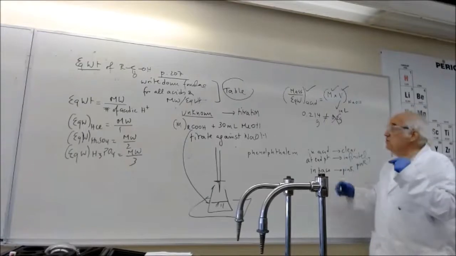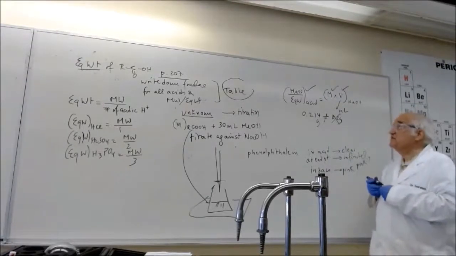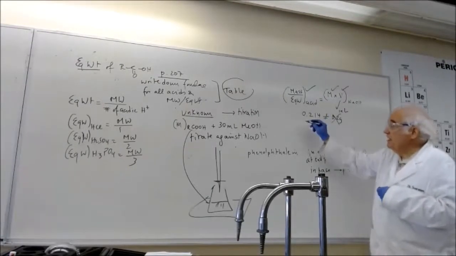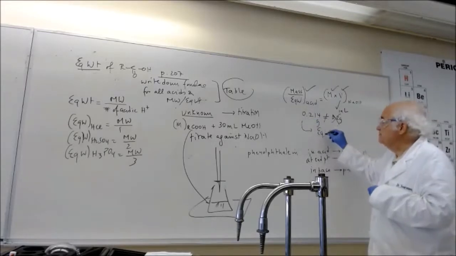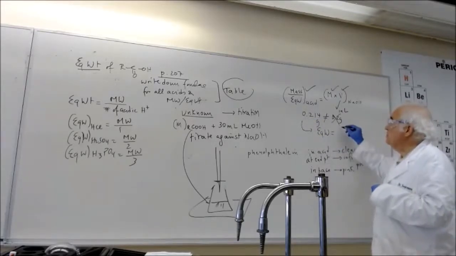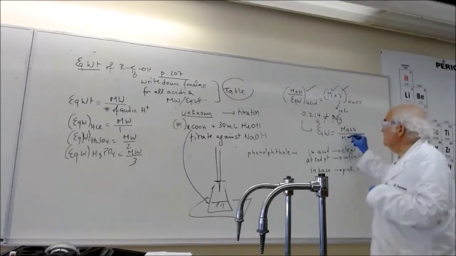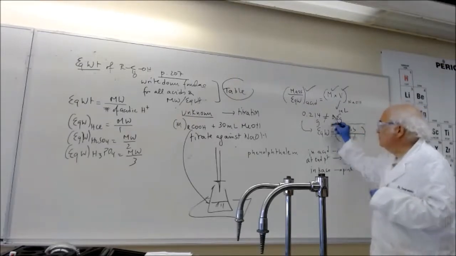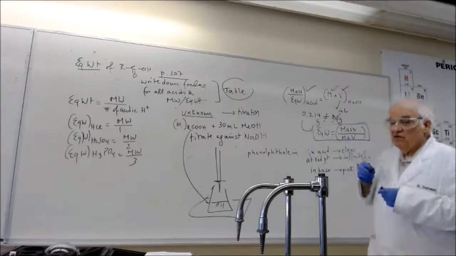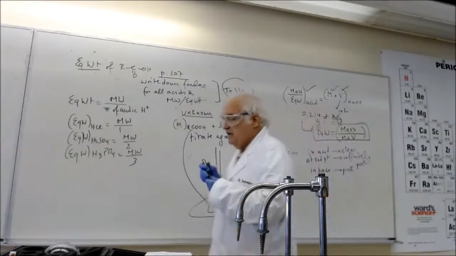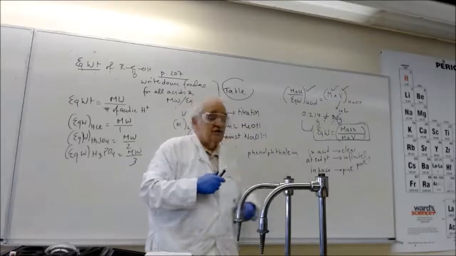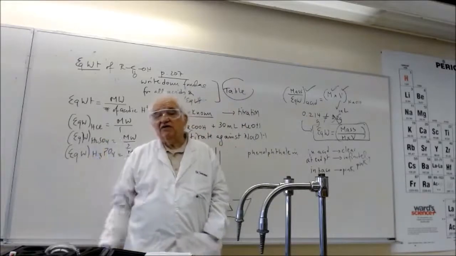You have to record it all the way to the last decimal point the balance gives you. Therefore you can calculate the equivalent weight, which would be the mass over the molarity times the volume. And therefore you determine the equivalent weight of the acid and compare it to the values that you get from the table.